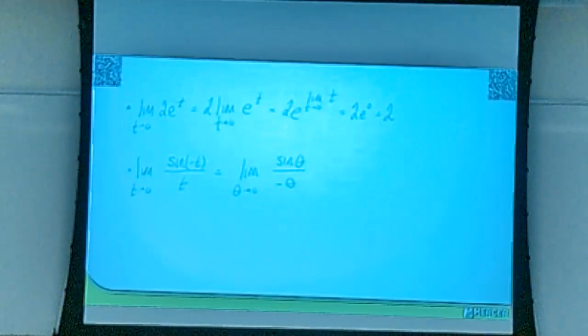Let theta be negative t, you'll change the variable. As t approaches 0, so does theta.